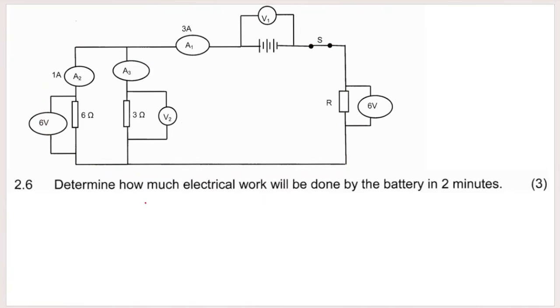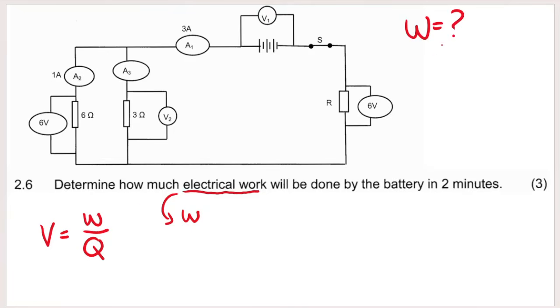My next question is determine how much electrical work will be done by the battery in 2 minutes. Now, remember we discussed that electrical work is W, and we need to remember the formula V is equal to W over Q. Now, we need to think about if I have these other variables. So I'm looking for W, that's my unknown. W is my unknown.